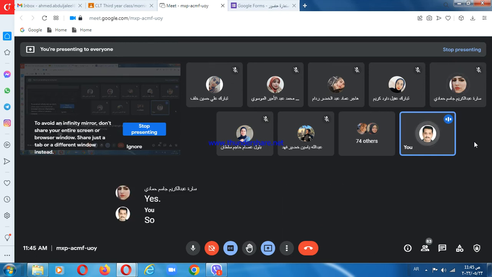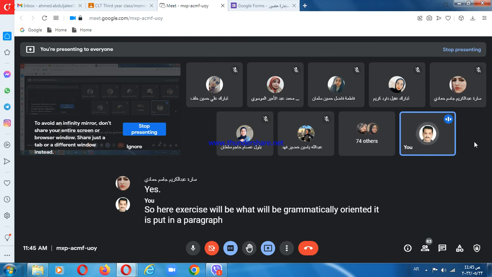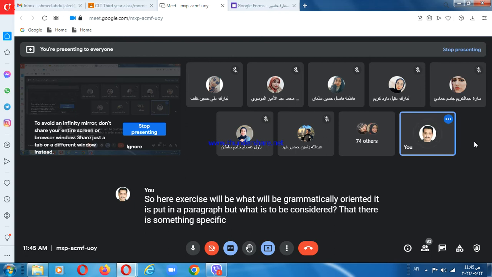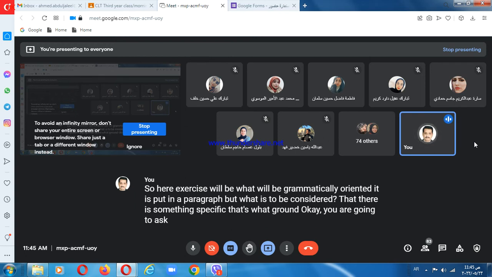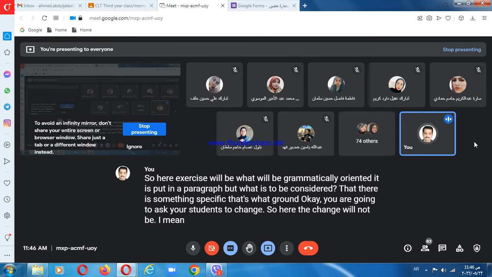So here the exercise will be grammatically oriented. It is put in a paragraph, but what is to be considered? There is something specific, that is grammar. You are going to ask your students to change. So here the change will not be related to the content, but to the form of the structure.